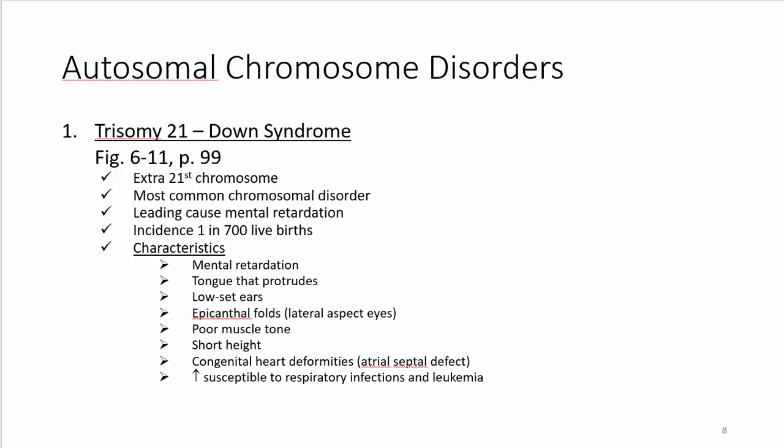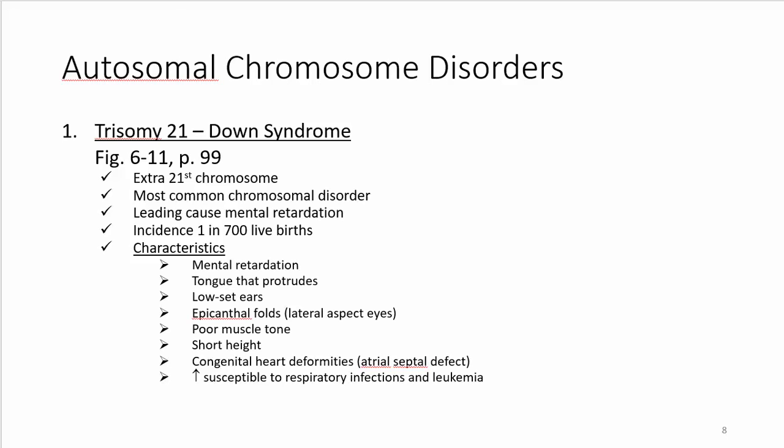They tend to have these little folds on the lateral aspect of the eye that are called epicanthic folds. Now, an epicanthic fold exists in other people, but we also see this as a trait of trisomy 21. They tend to be short and not have great muscle tone, and they often have heart issues, septal defects, and that kind of thing. They have increased susceptibility to respiratory infections and such.